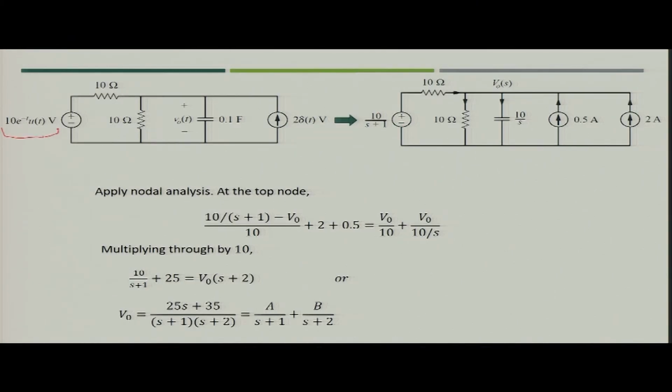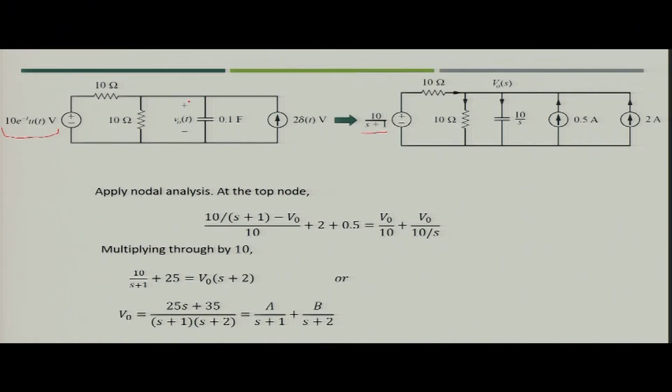The unit step function multiplied by the exponential means you are getting the time shift. So, the Laplace transform of the voltage source will become 10 upon S plus 1, and then the resistances will remain the same.